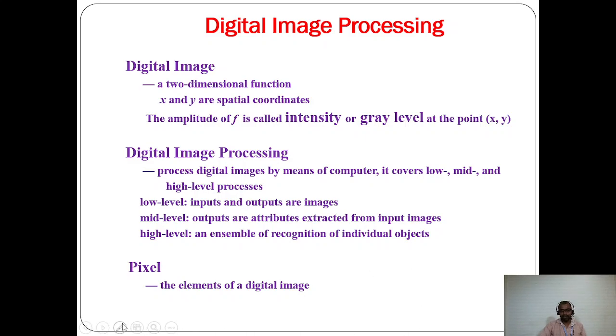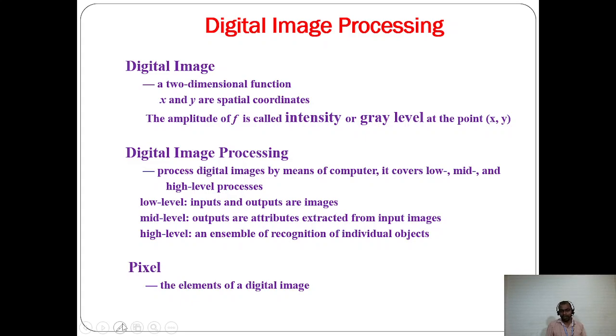Digital image processing is the processing of digital images in a digital computer. In digital image processing we have different types: low level processing, middle level processing, and high level processing. Low level processing is where the input is an image and the output is also an image.